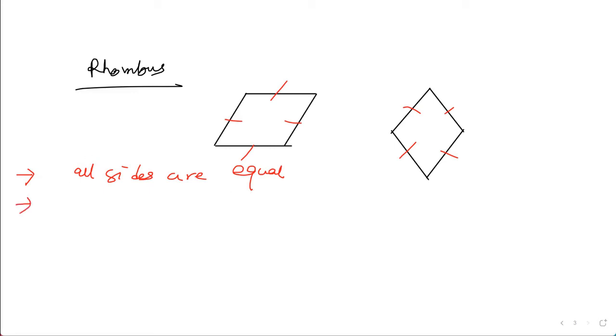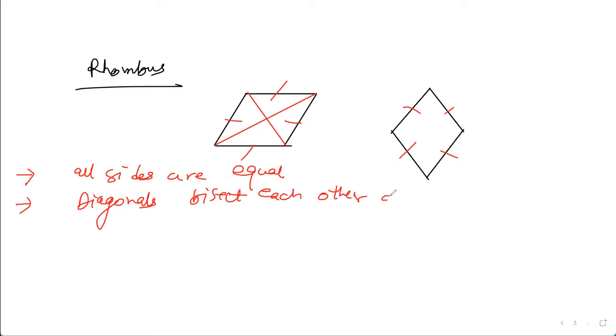Now the next property is regarding the diagonals. In a rhombus also, the diagonals bisect each other at 90. So it's going to be a very, very important property. Diagonals bisect each other at 90. Okay, so this is also important.